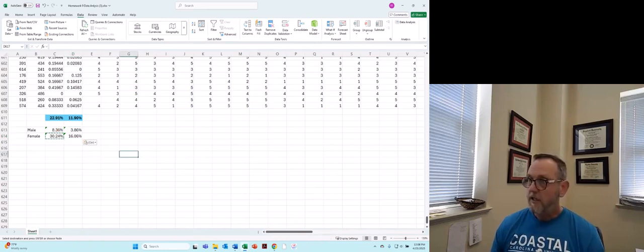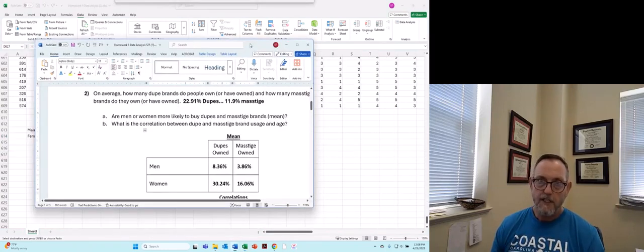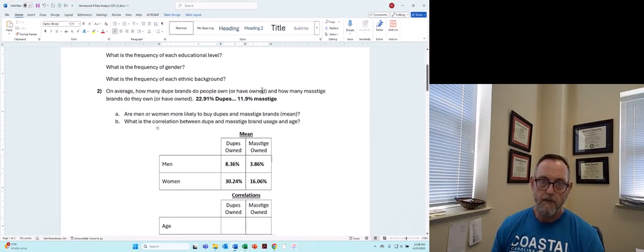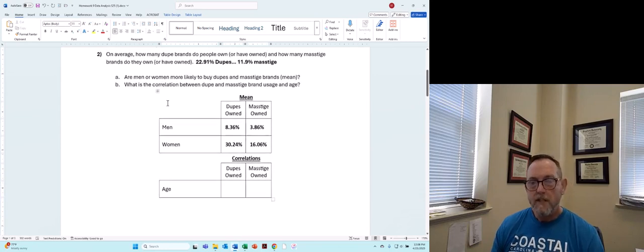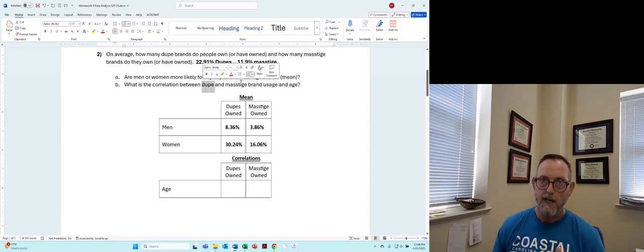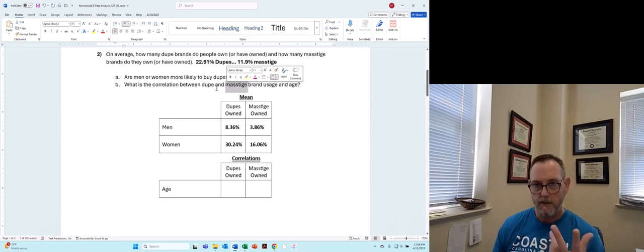Okay, so the next question, relating to the same category or the same variables here: what is the correlation between dupes and masstige brand usage and age? So we've got three variables: one is dupe usage, one is masstige usage, and then we have age.